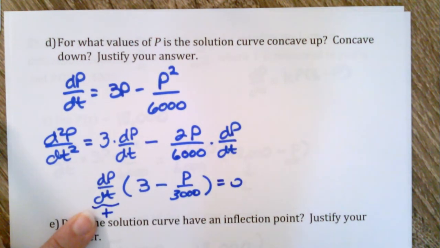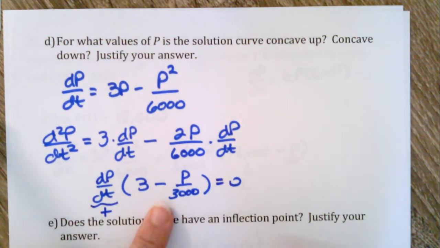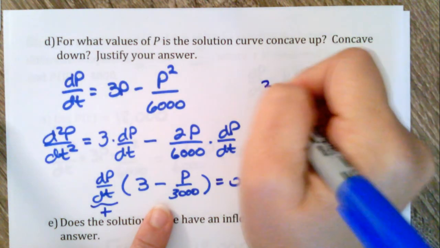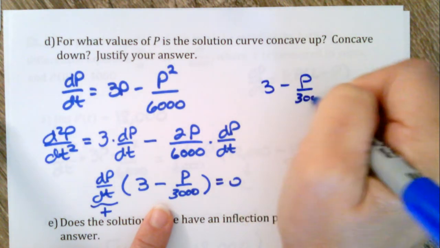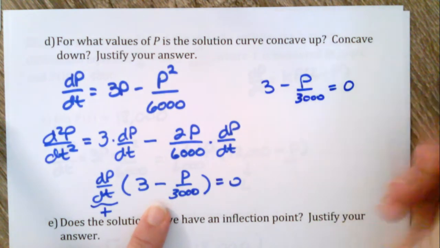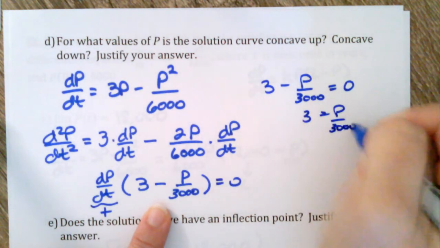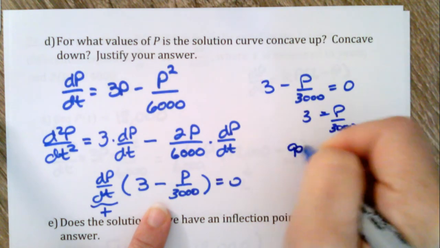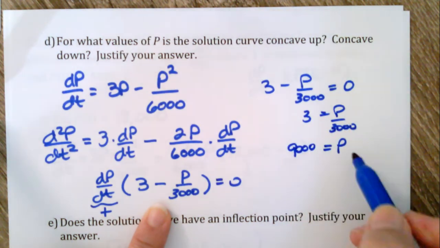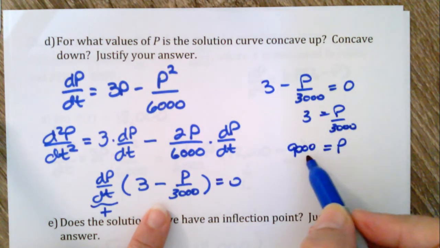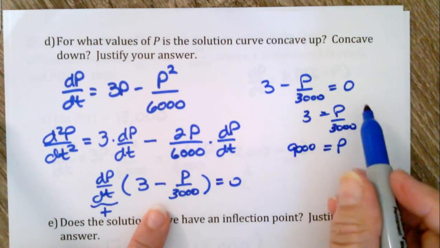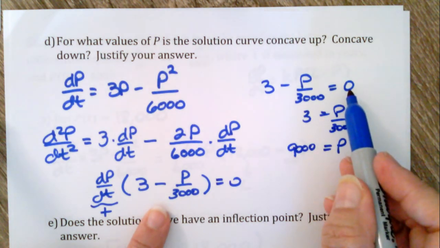And so it doesn't really matter what it is because it's not going to equal 0. We've already stated that it's always positive. So I'm going to take this part, 3 minus P over 3,000. That could equal 0. So P is equal to 9,000. So at that point, when P is 9,000, that means that the second derivative is equal to 0.